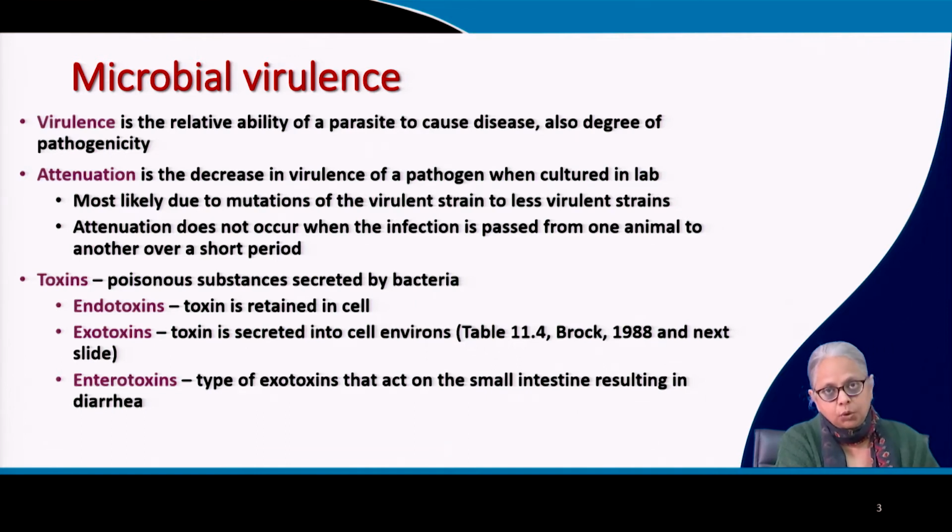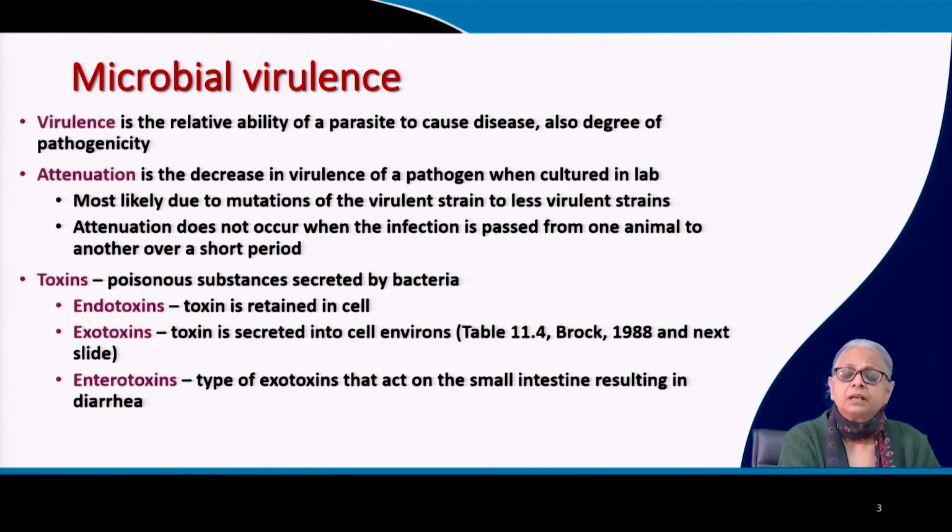And the answer is no, no way. By no means is it going to be the same. And this also has to do with the degree of pathogenicity of that organism or the parasite. And I will show you some examples a little bit later.